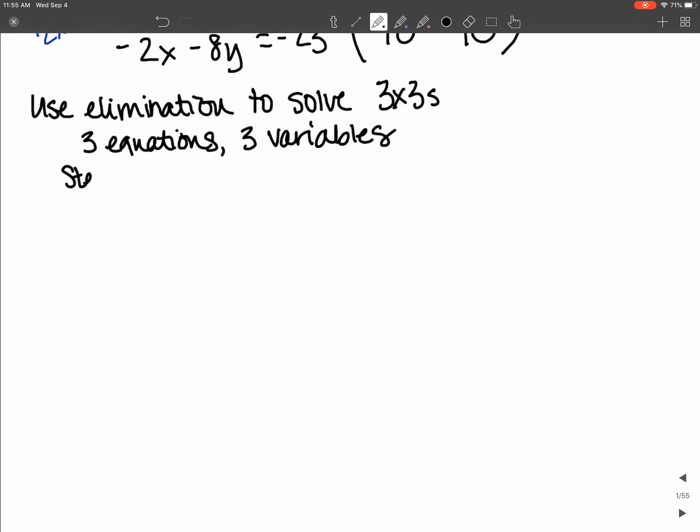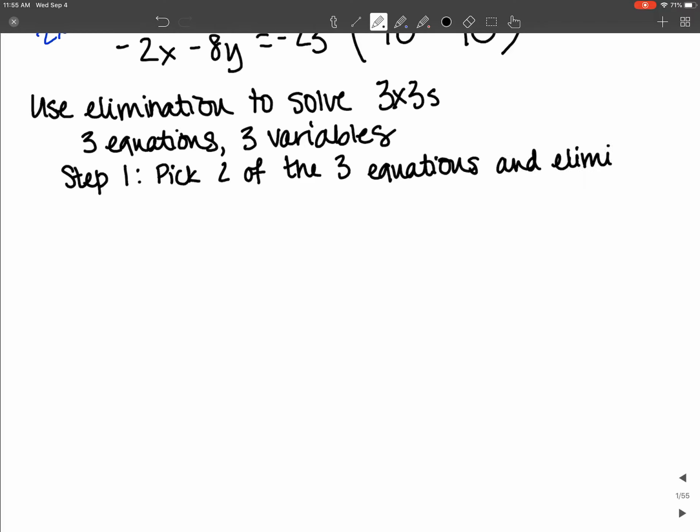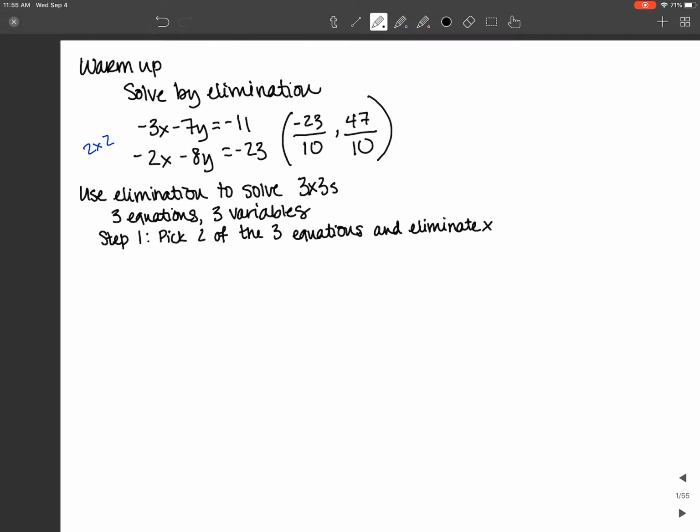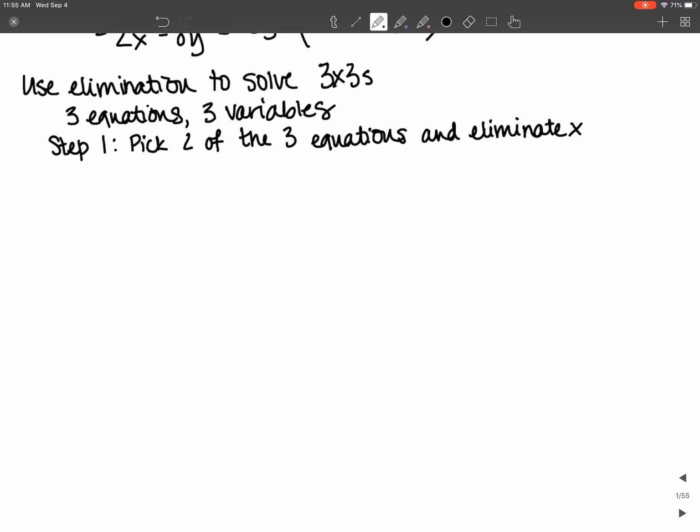Step 1 is you are going to pick 2 of the 3 equations and we're going to keep it simple. We're just going to say eliminate x. You don't always have to eliminate x, but we talked about this last time where we said if you like to do the same thing every time and stick with it, that's what we're going to do.